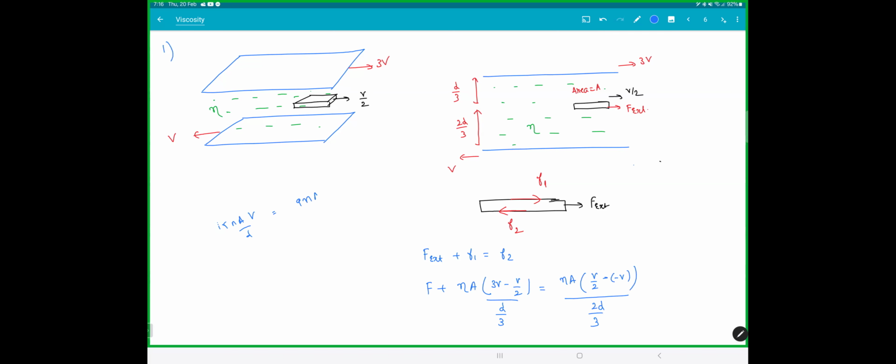So 9 eta AV by 4. So this is 9 by 4 minus 15 by 2. Multiply by 2, 9 minus 30, that is minus 21 by 4. I am getting F is equal to minus 21 by 4 eta AV by D.